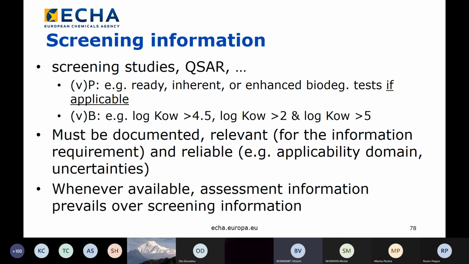So this was clearly conflicting information. But the court clearly said that assessment information has higher value than screening information. So next slide, please.